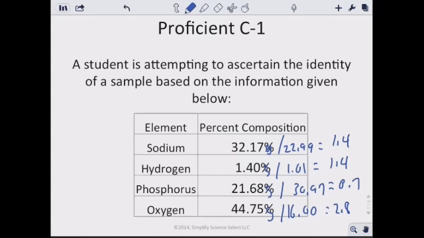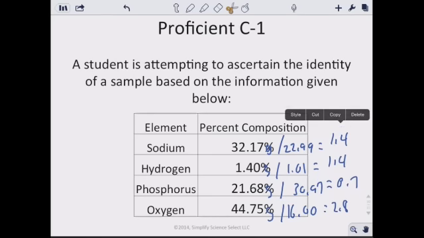So what is the smallest value out of all of those? The smallest value is going to be 0.7. So we take each one of these and divide by 0.7.